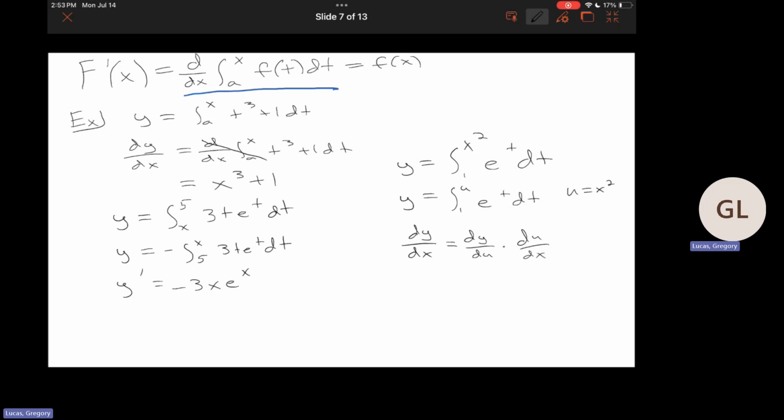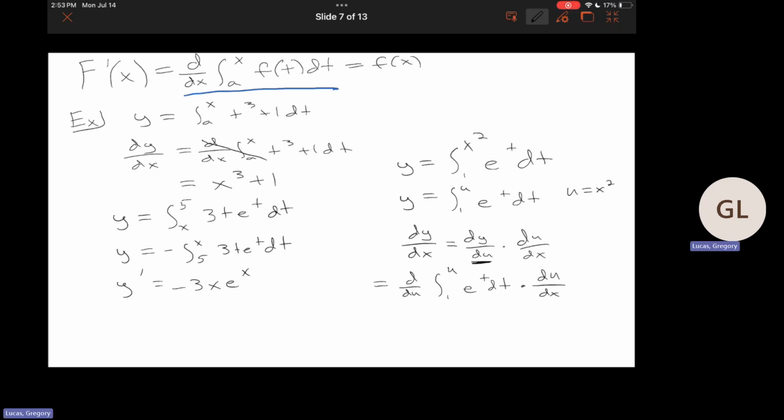So now when I take dy dx, this is the same thing as the derivative with respect to u of the integral from a to u of e to the t dt, times du dx.